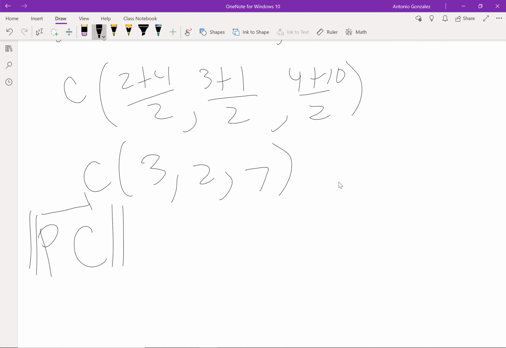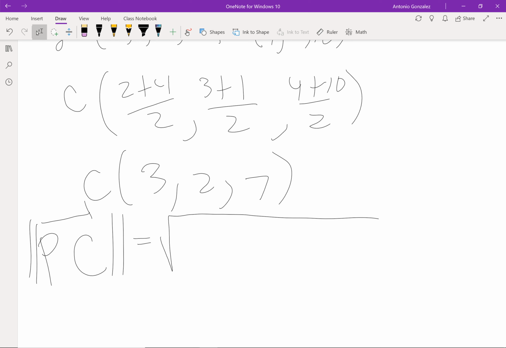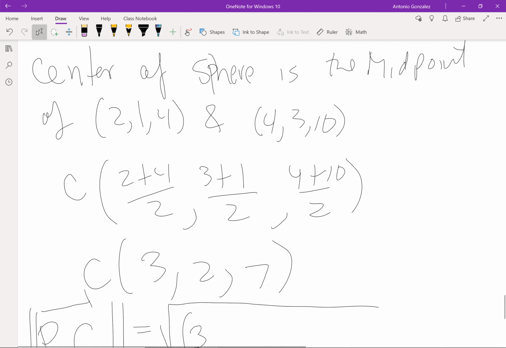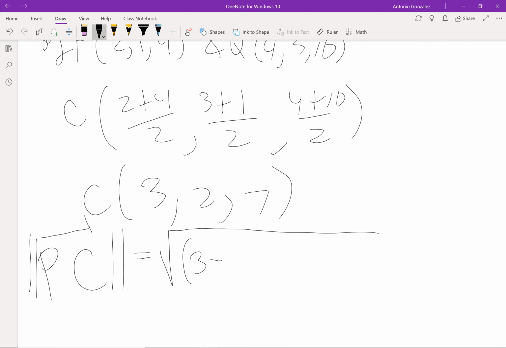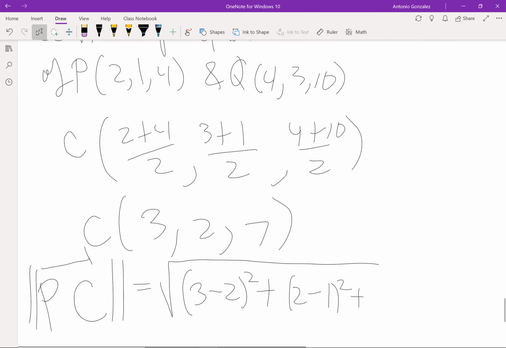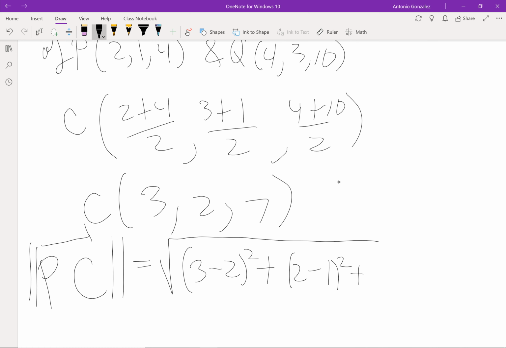Okay, so in doing that, we could say, all right, square root. Remember, since this one is not in standard position, what we do there is we take the difference between the x components. So the center is 3, and then for our point P, it's 3 minus 2 squared, and then 2 minus 1 squared, plus 7 minus 4 squared.